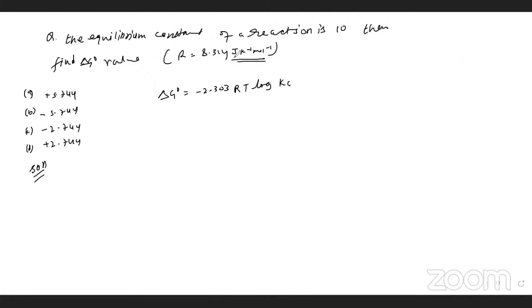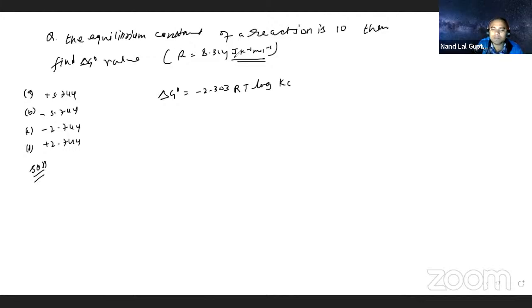If R value is in kilojoule, then we need to divide by 1000. Okay, solve it. T value is there, the temperature they have given.